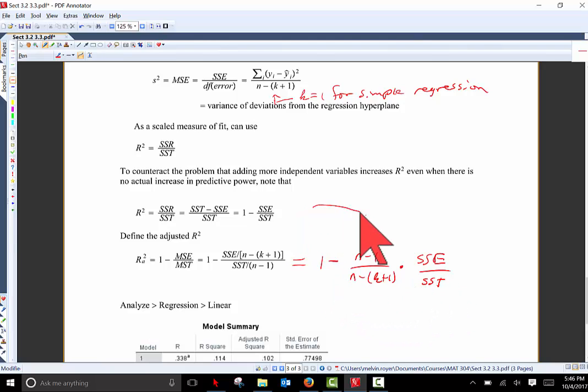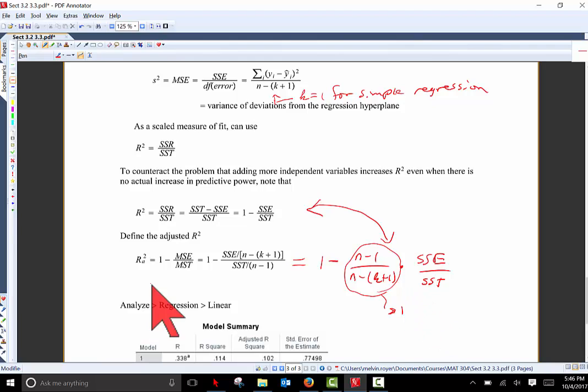And now if I compare these two things for R squared and adjusted R squared, the important thing to notice is that this fraction is greater than 1. This fraction is greater than 1, and so I'm subtracting off a multiple of this fraction, which is greater than 1.